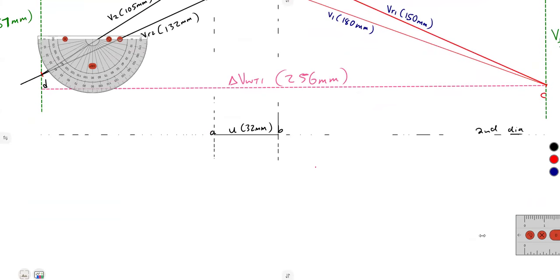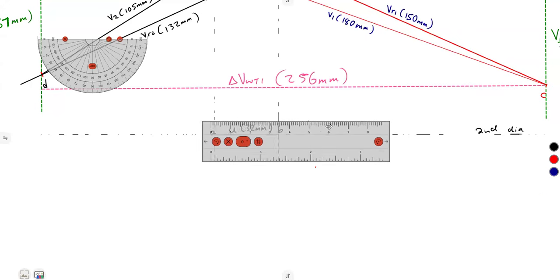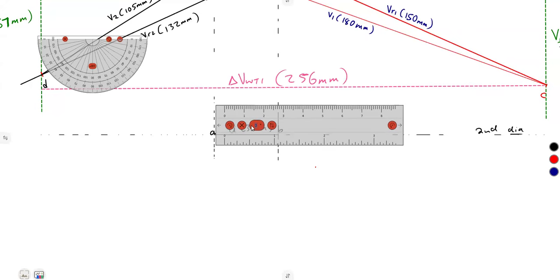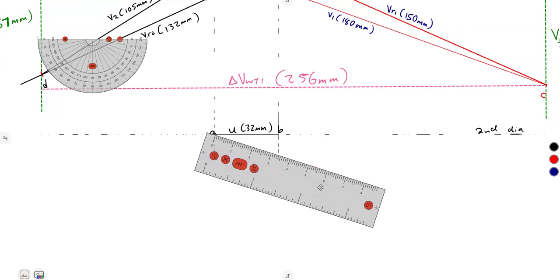Let's join from point A. From our point A, I'm going to join this.